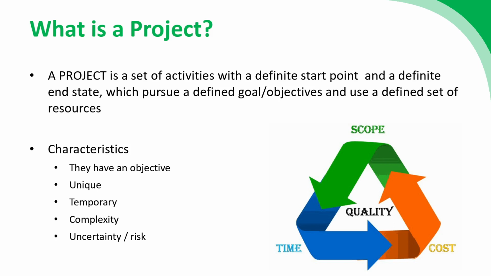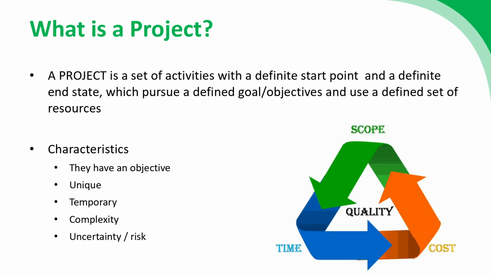In order to meet these goals, the last element which is useful when thinking about projects is that they have defined sets of resources. The university will set aside a particular budget for the project. It'll have a particular set of time frames in mind. It'll also have a particular set of physical resources and materials, and a particular set of human resources in terms of employees and contractors. All of these are resources that the project actually needs.